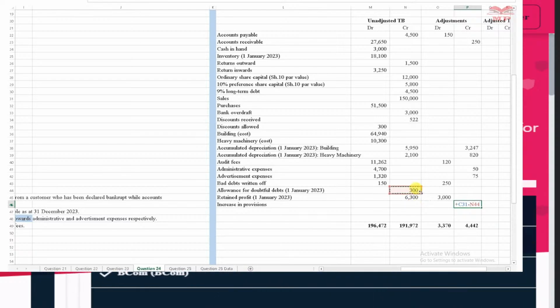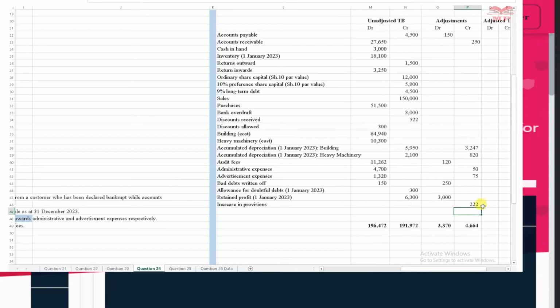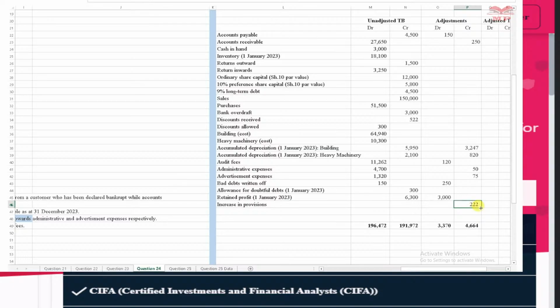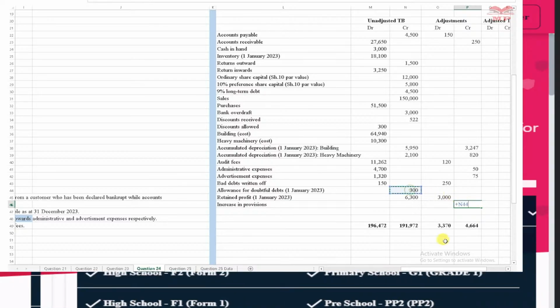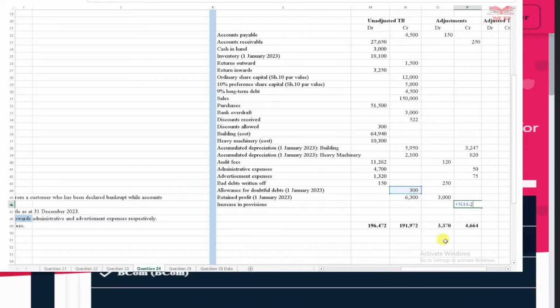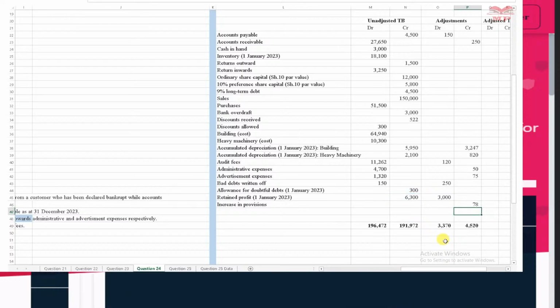We should now get that value of 222. So that 222, we will need to pick this 300 and subtract the 222. Then we get 78, increase in provisions.